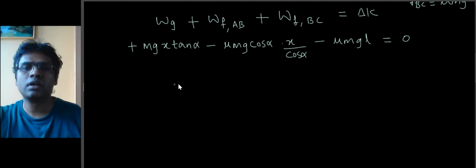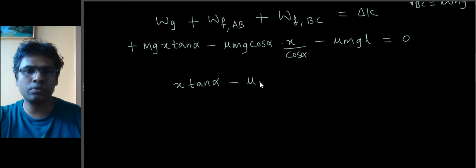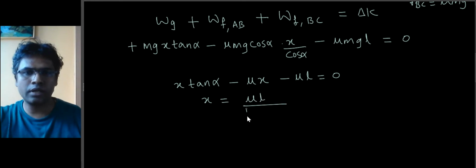So I have x tan alpha minus mu x minus mu L is 0. So from here we get x as mu L by tan alpha minus mu.